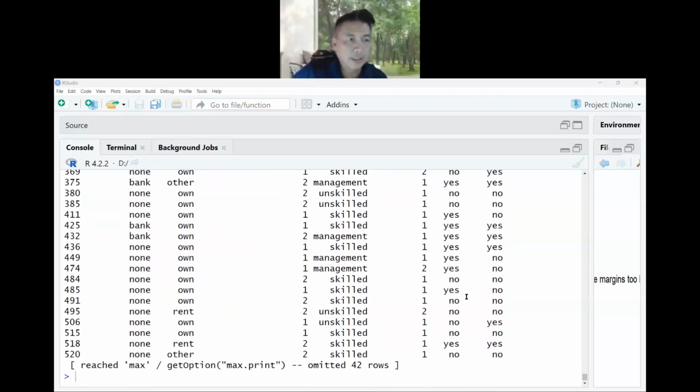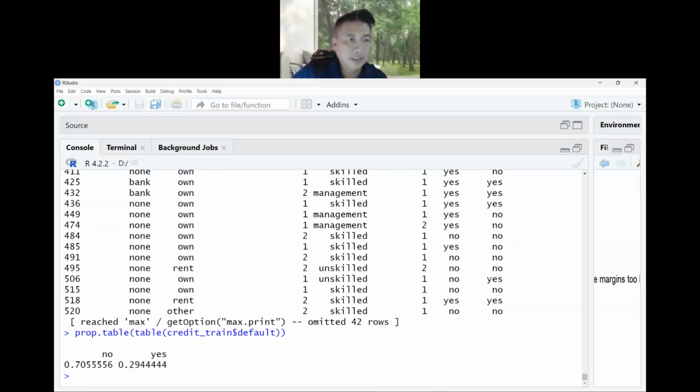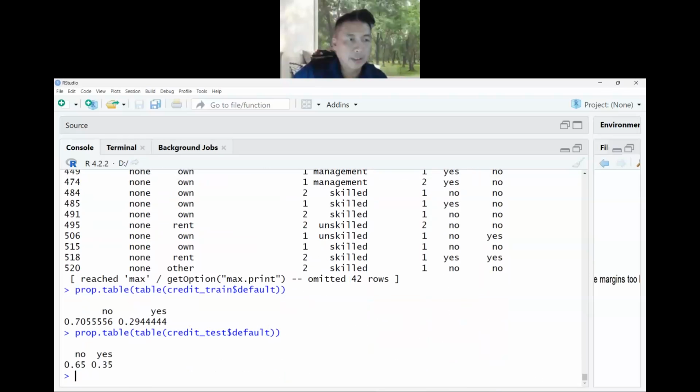So we have to divide them. If you look at the proportion of sample that we have for the credit and the test, we have more or less the same 70% and 30%.